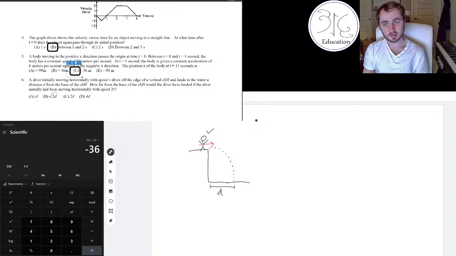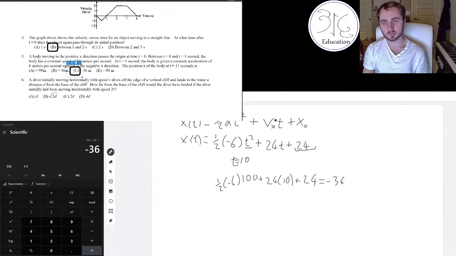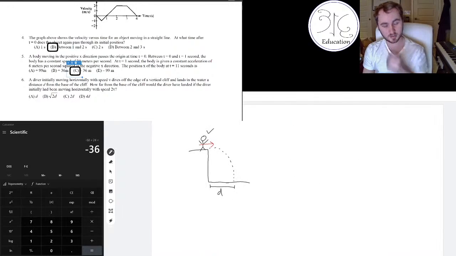And so this d comes from this same relationship we had up here. When we break up our kinematics into 2 dimensions, we have an x dimension and a y dimension, right? In the x, we have no acceleration and no initial displacement. All we have is our initial velocity.